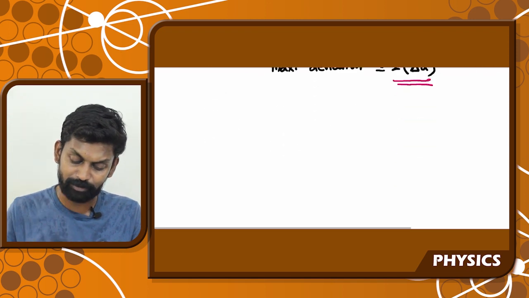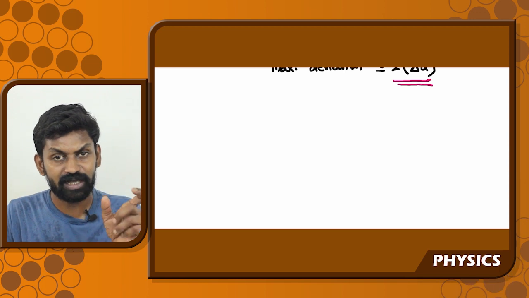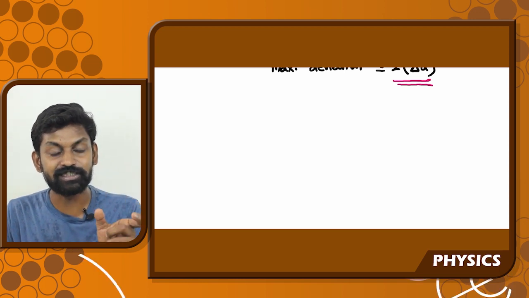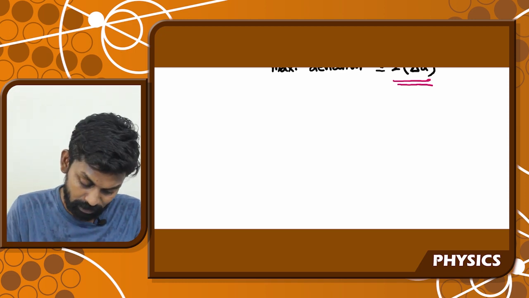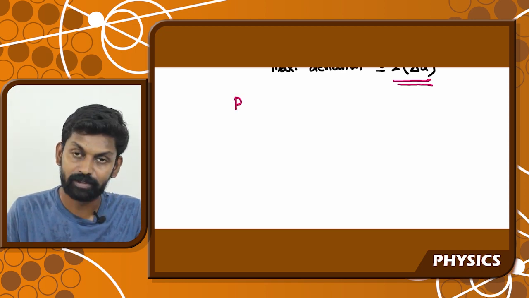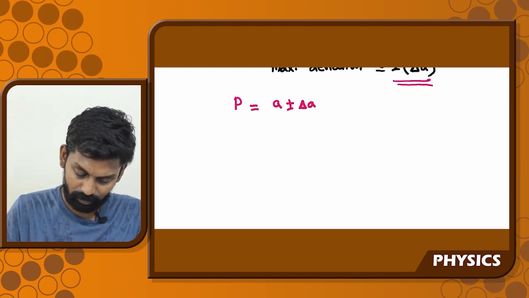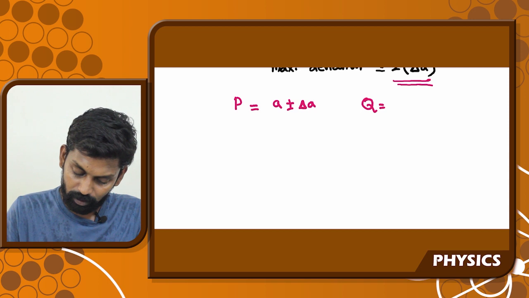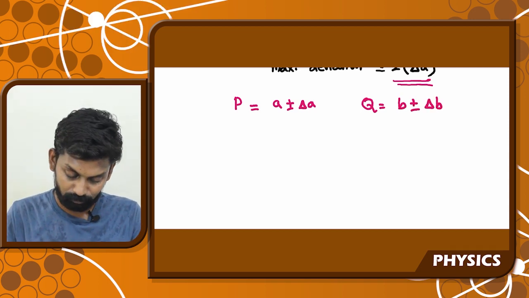Now, let me take the example of a few physical quantities and how these errors are affecting them when these physical quantities are participating in arithmetic operations. So, there are 2 physical quantities. Let us say P is equal to A plus or minus delta A and Q is equal to B plus or minus delta B. These are the values.